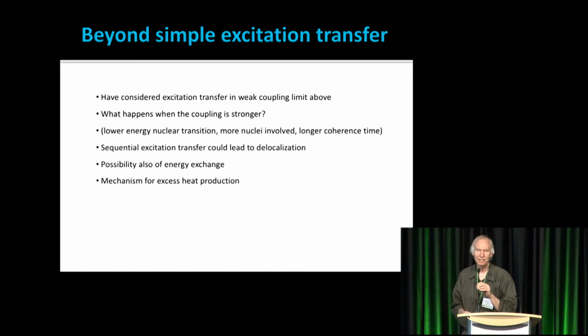What about the 14.4 keV state? Do you see angular anisotropy on that? The answer is so far, no. So the question is, why not? The thought is that maybe the excitation transfer happens much faster on this transition. And if it happens faster, then other things would happen.